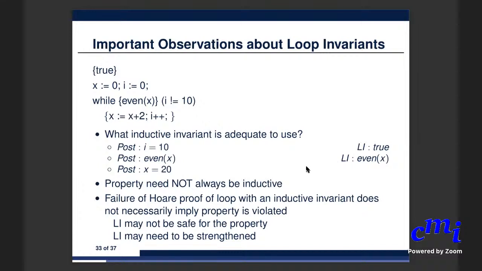But now there are more fancy methods that look not for the strongest inductive invariant, but look at the property to be verified and use it to guide your search for a strong enough inductive invariant to successfully verify.